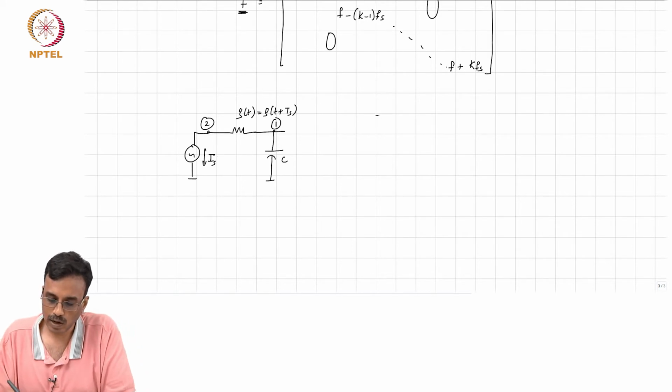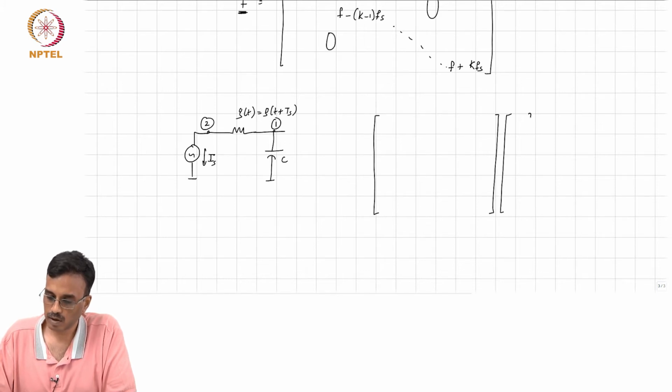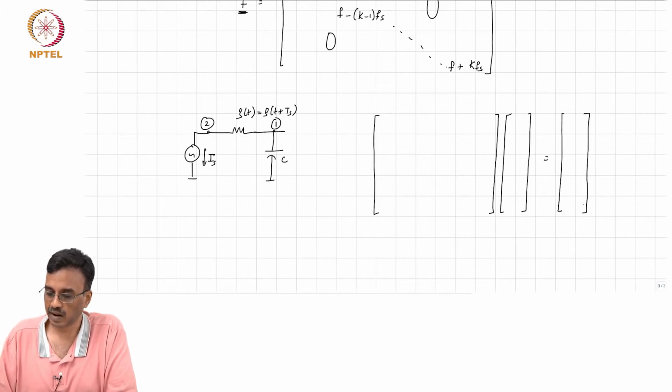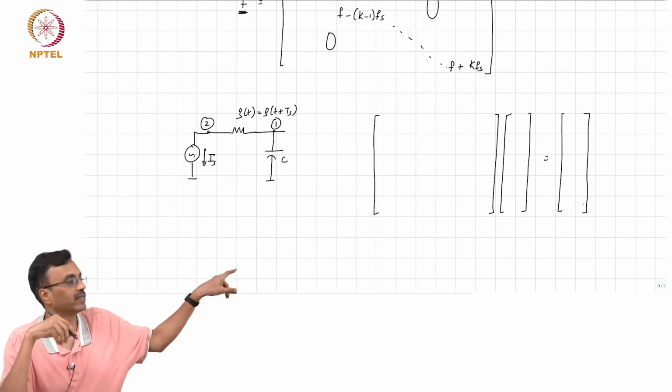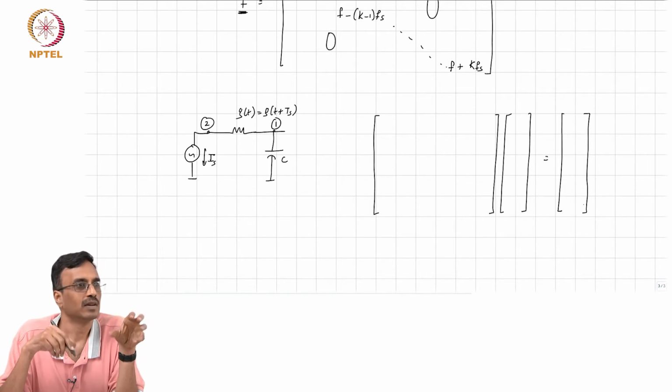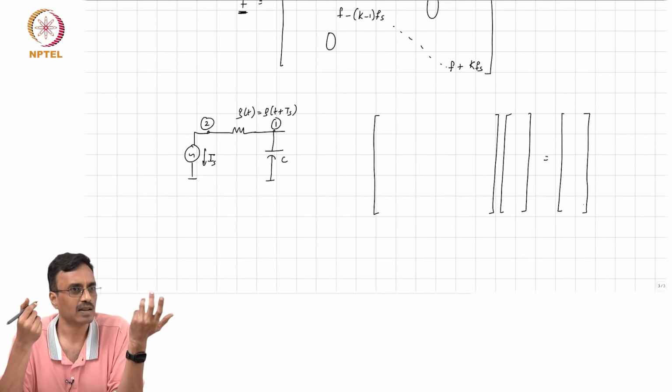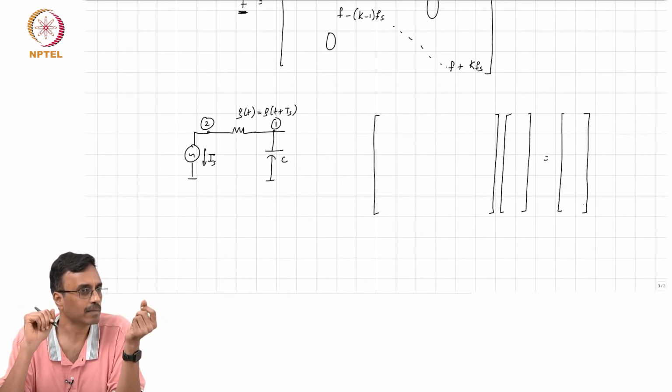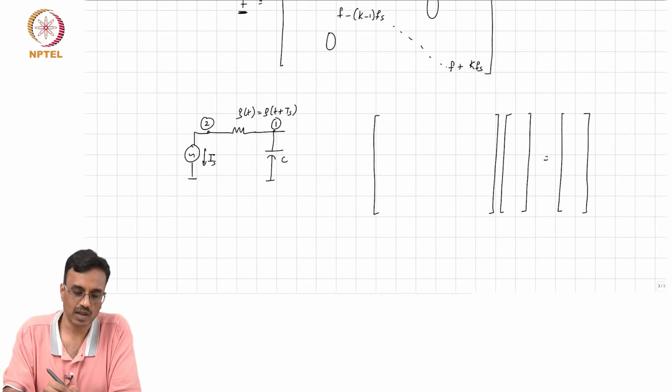And what do we do? Well, we now have the usual MNA formulation, except that the entries in this MNA matrix will now all be matrices rather than scalars. So, we start with the MNA stamp.